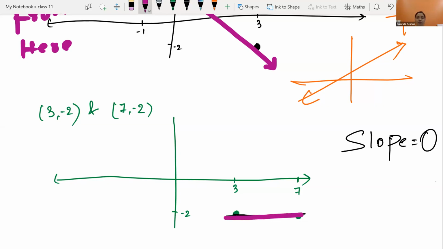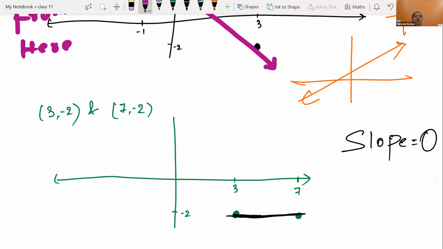Yes, ma'am. What angle is getting created? 0 degrees. Along the positive direction of the x-axis, what angle is getting created? 0 degrees. Can you see that? Yes, ma'am. That's why the horizontal line's slope is always 0. In an MCQ question, it will be written that there is a horizontal line, what will be the slope?